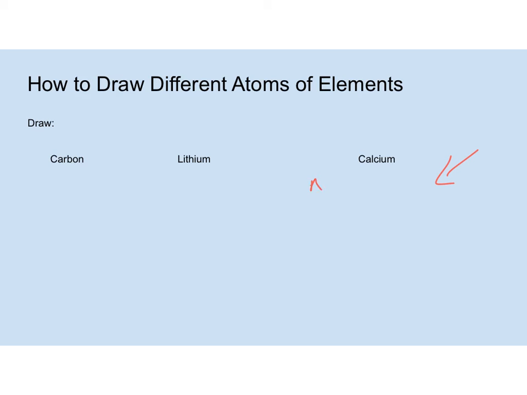Atomic number is 20, and its atomic mass, if we round that, is 40.